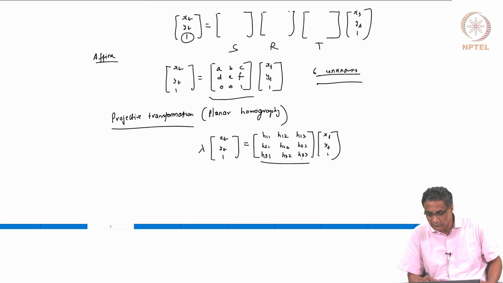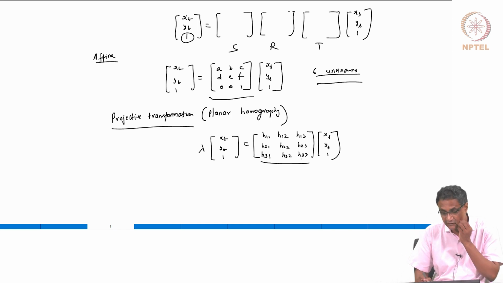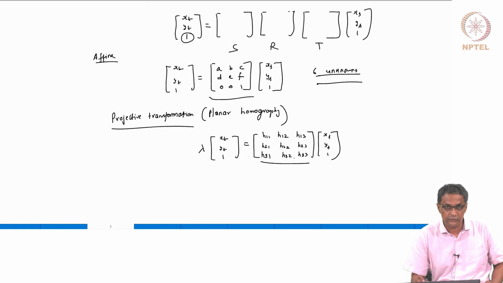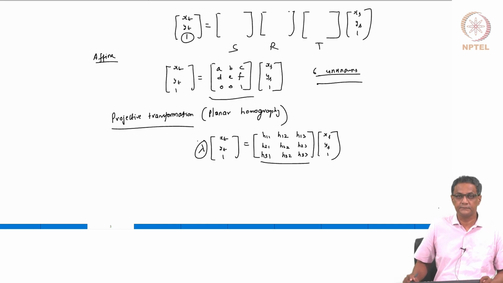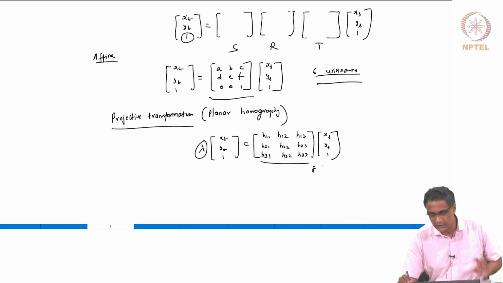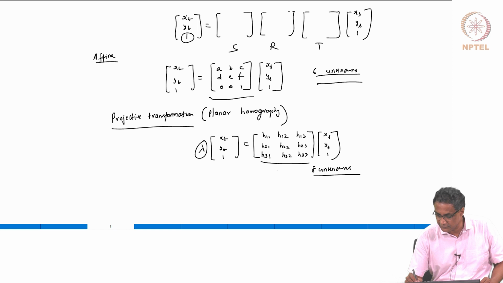Which is also the reason why this matrix has only 8 unknowns: it can only be found up to a scale factor. So you have 8 unknowns, even though there are 9 entries in that matrix.